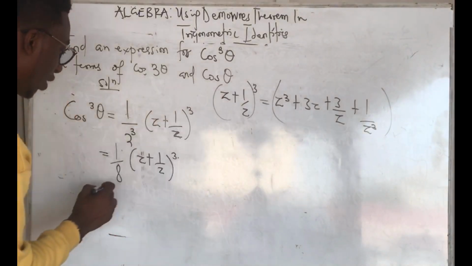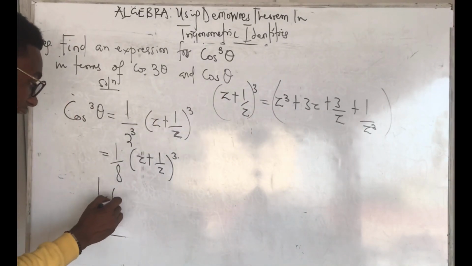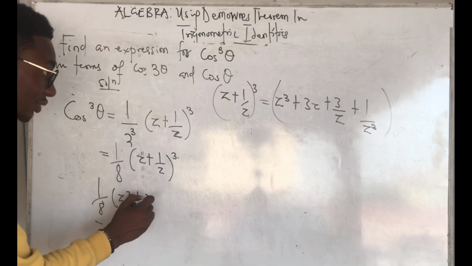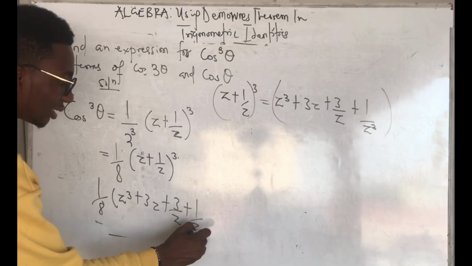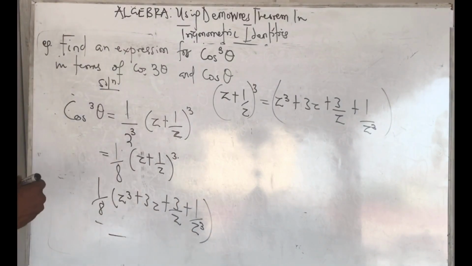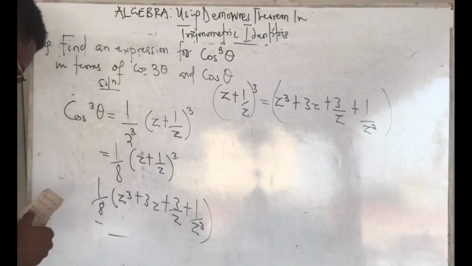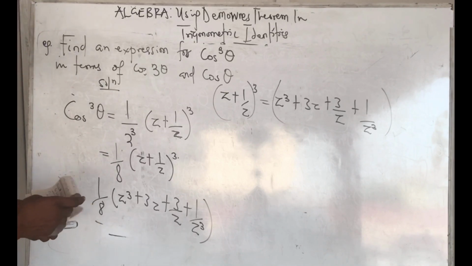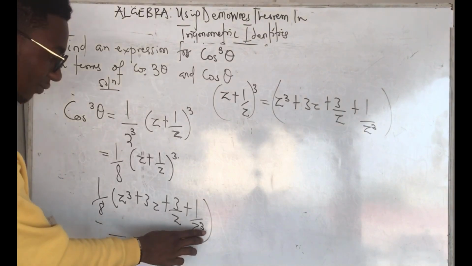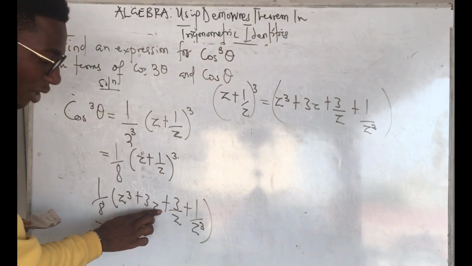So now when you get this, you can have 1 over 8 into bracket z cube plus 3z plus 3 on z plus 1 on z cube. The moment you have this expression, you can easily group it into two. We have the cube part of the expression and the single part.